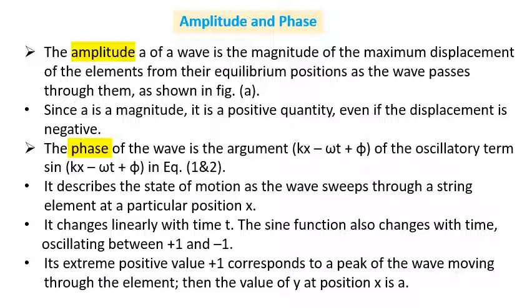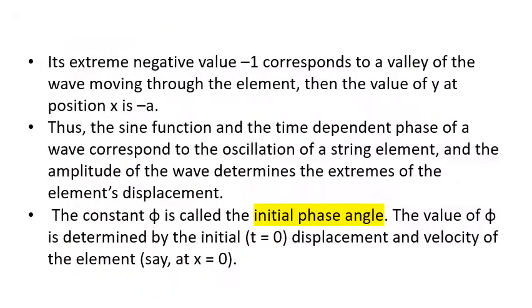Then the value of y at position x is a, the amplitude. Its extreme negative value -1 corresponds to a trough of the wave moving through the element. Then the value of y at the position x will be -a.